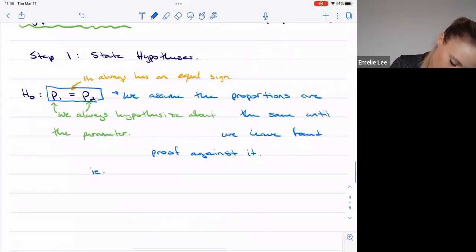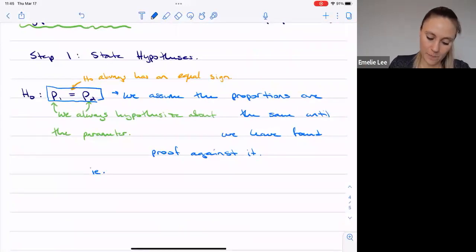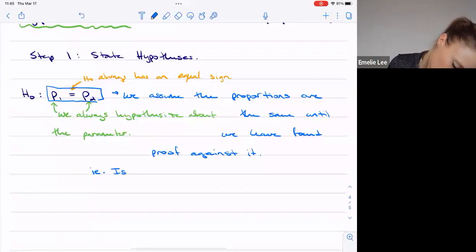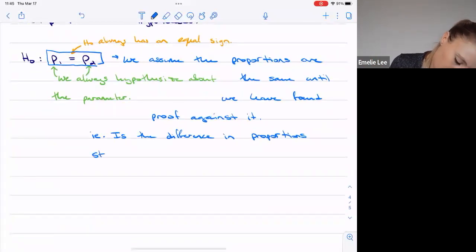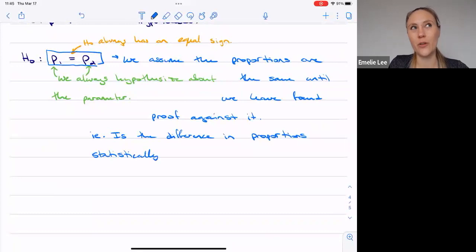So the question is: is the difference in proportions statistically significantly different? I'm going over the top here with statistically significantly different, although usually we drop the statistically because significance is all of statistics.